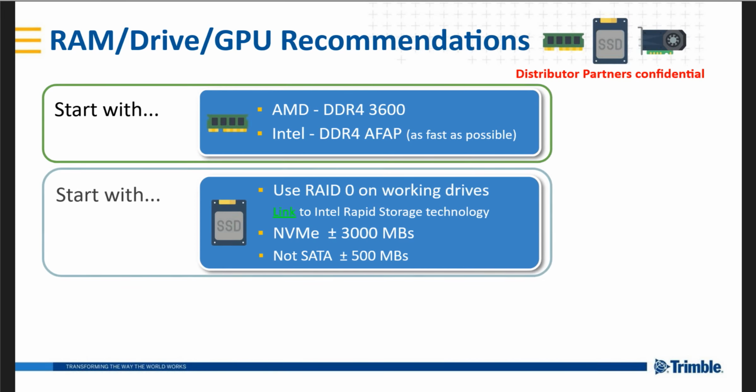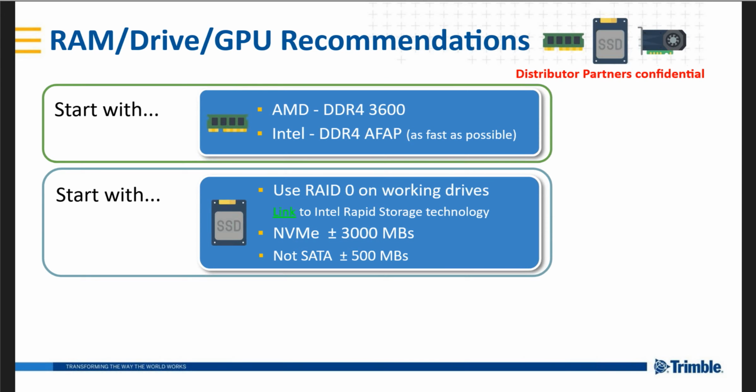And when we're looking at the hard drive, the SSD, you can also use RAID 0 on the working drive, which comes with the Intel Rapid Storage Technology, which is quite powerful. And what I was mentioning before, the NVMe has quite fast storage processing speed, about 3,000 megabytes per second, and the SATA comes with 500.